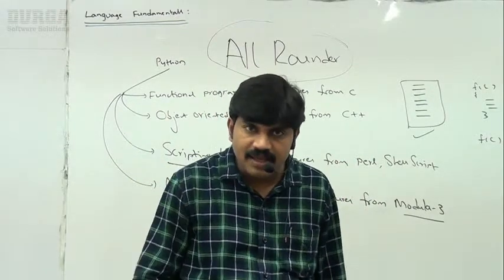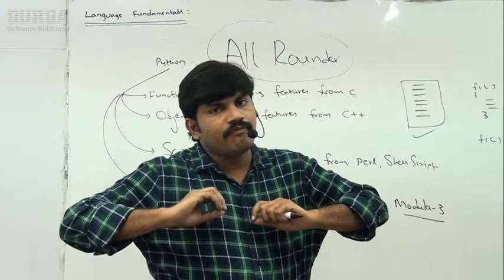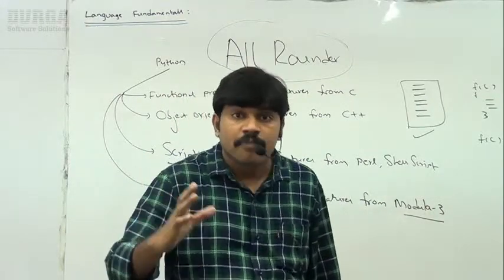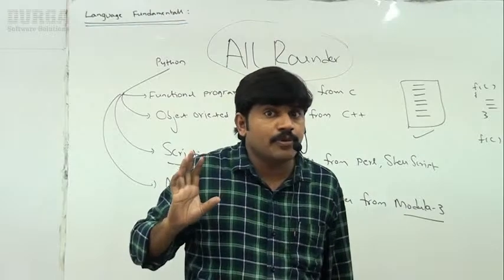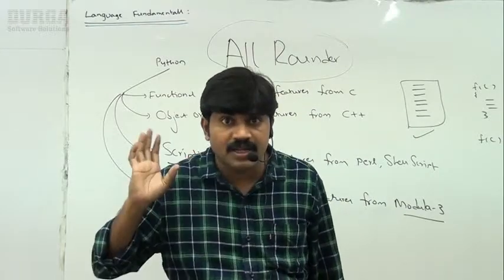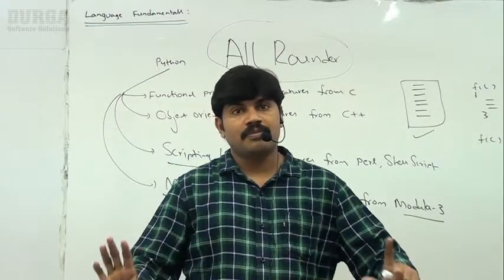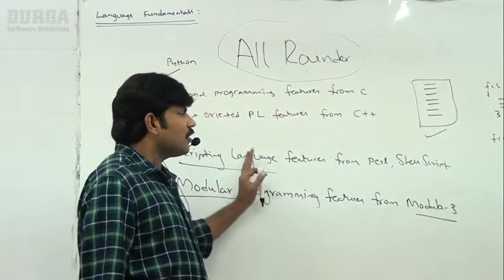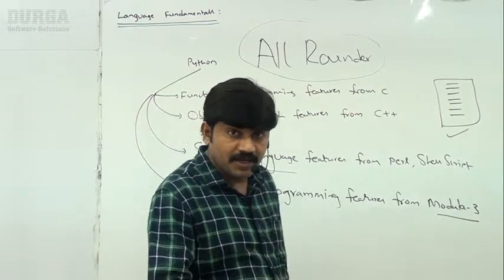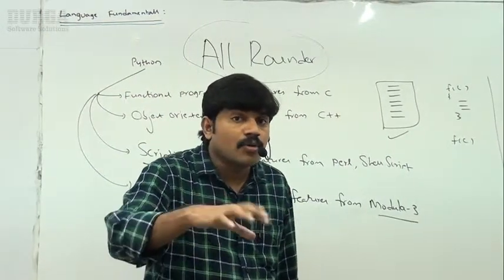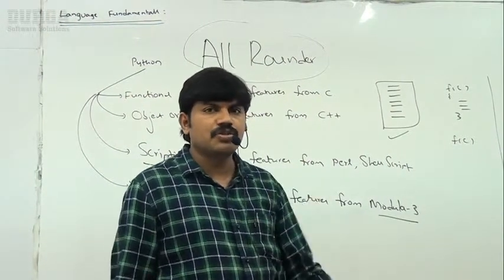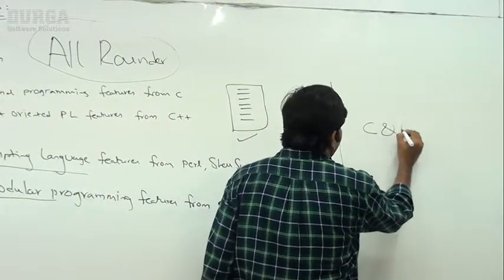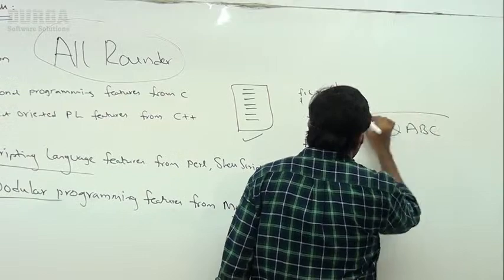Python acts as every programming language paradigm. Python is a functional programming language. Python is an object-oriented programming language. Python is a scripting language. Python is a modular programming language. Remember this one, sir. Next, most of the syntax used in Python is borrowed from C language and ABC language.